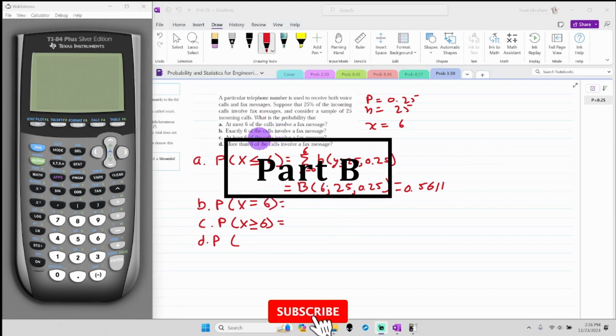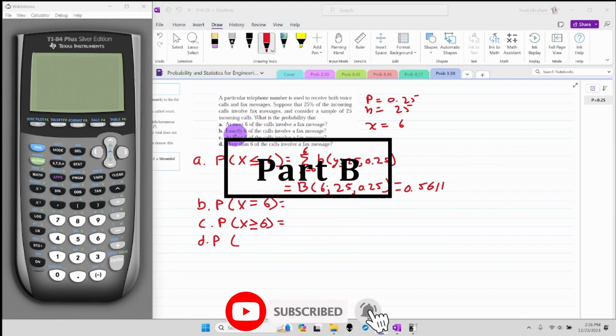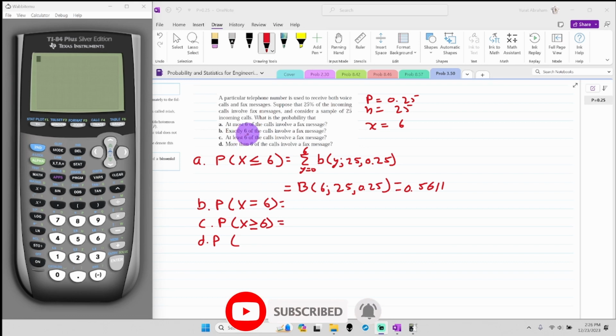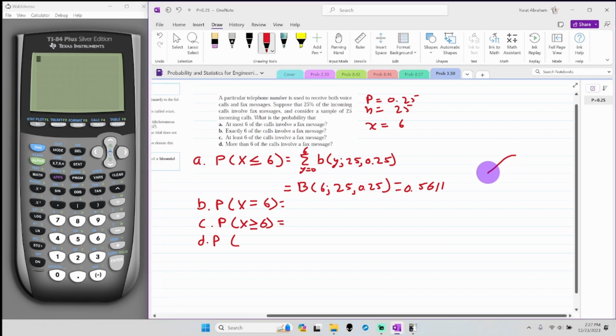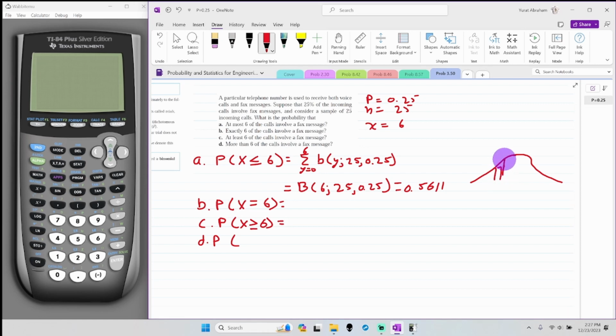Now let's go to letter B. It's asking exactly 6 of the calls involve a fax message. Now exactly, if you recall from previous classes, previous chapters, the binomial distribution looks like a normal distribution, but more like a histogram.